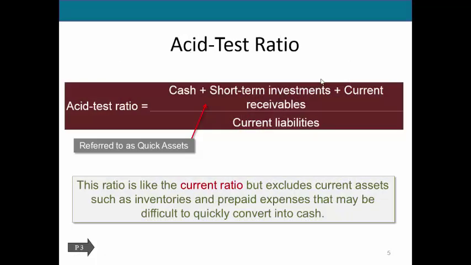Those items are not as close to cash as cash, short-term investments, and current receivables, which are simply a promise to receive cash. So the acid test ratio, while it's very similar to the current ratio, is more stringent, meaning that they only include things that are readily able to be used in order to pay cash for the current liabilities as they come due.